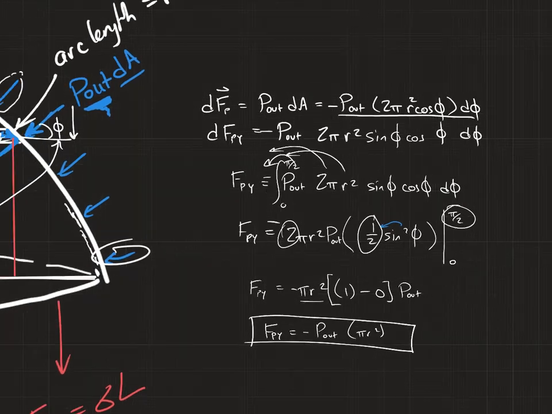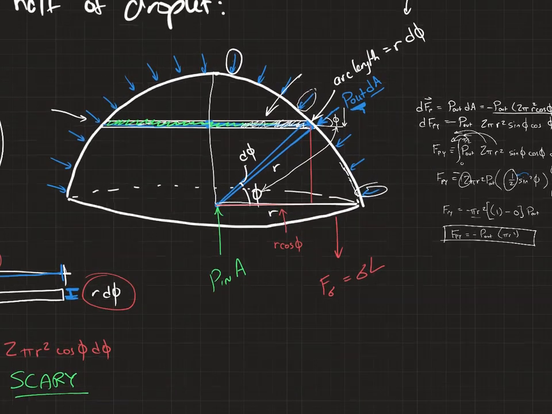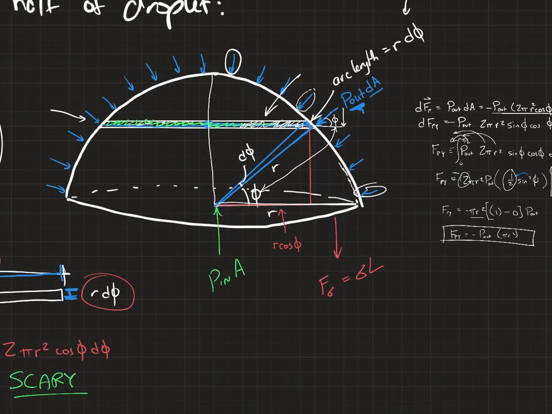So let's go over here, and here's my free body diagram. I'm going to replace all those blue pressure lines with a bright yellow P out times the area, pi r squared.